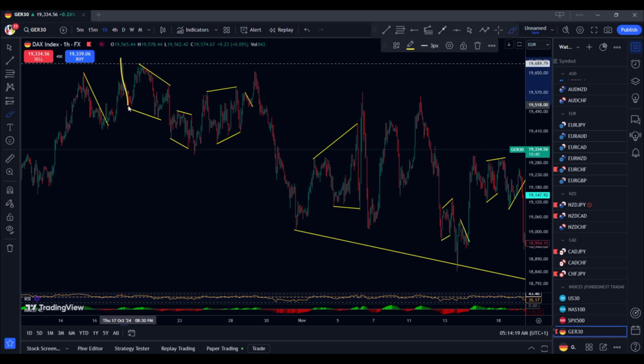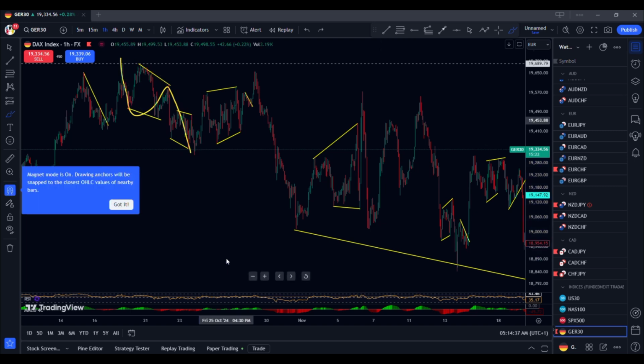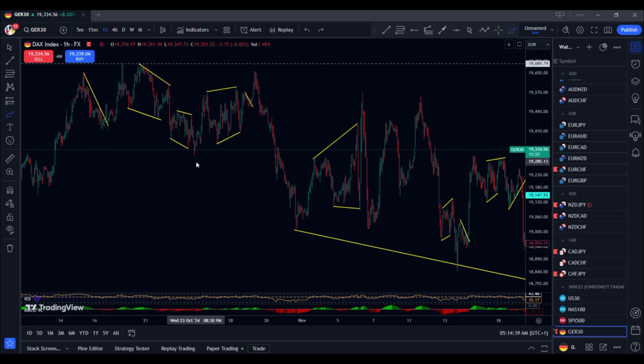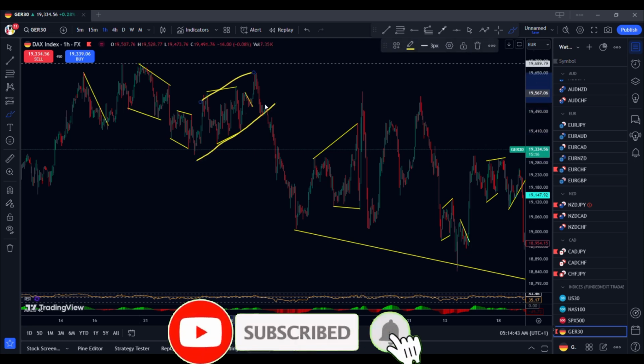But then, of course, we know that this is a first impulse. How do we now determine if this is going to continue going down or not? We need a confirmation, and this proved to be the confirmation too.